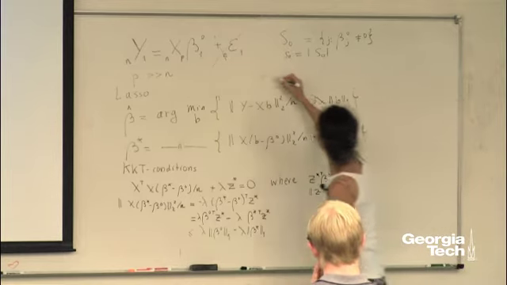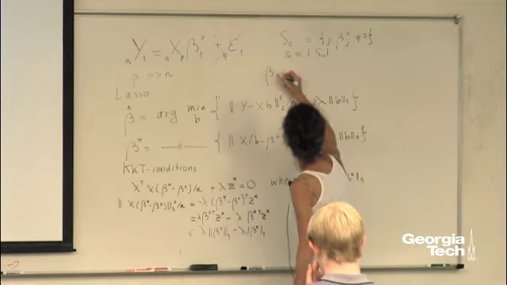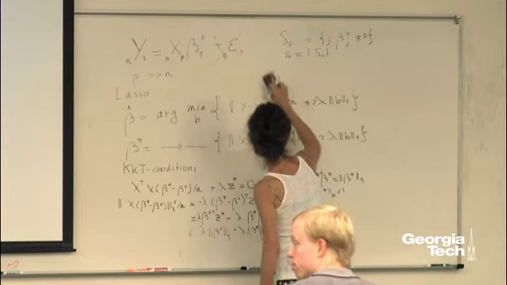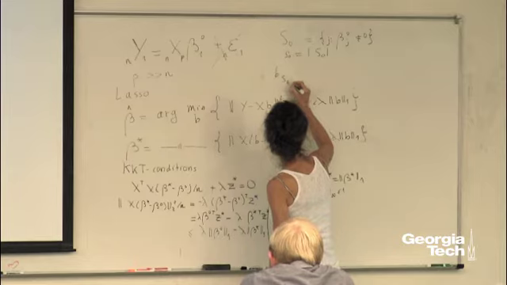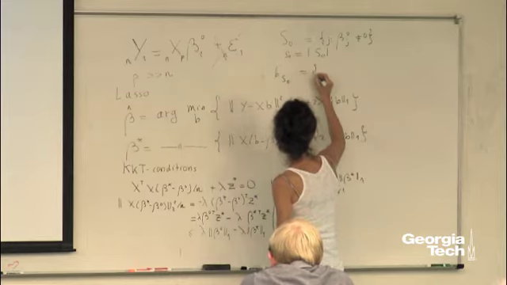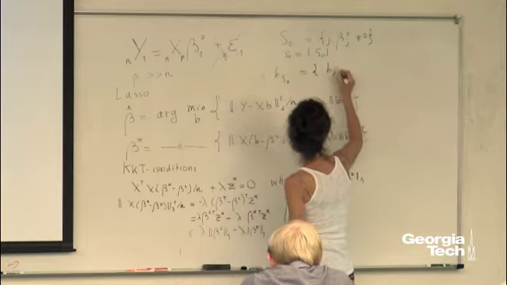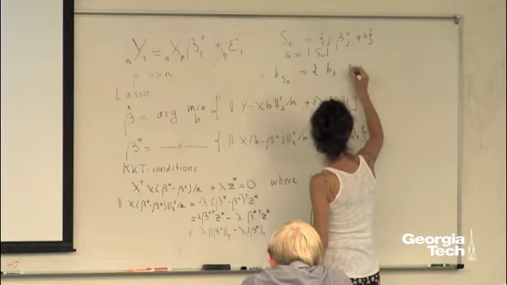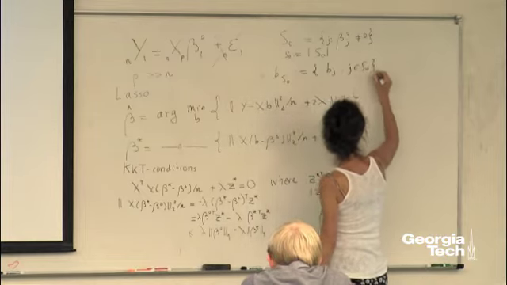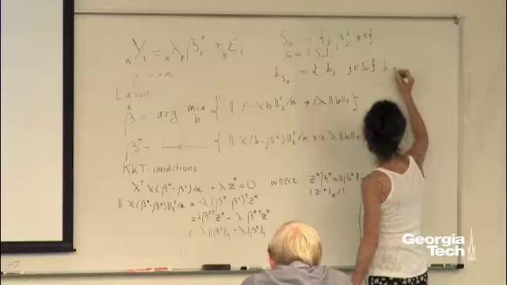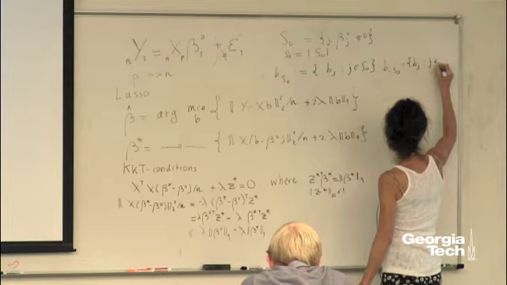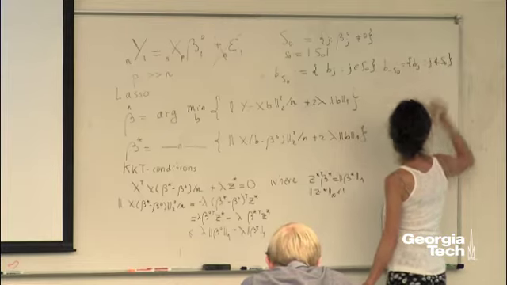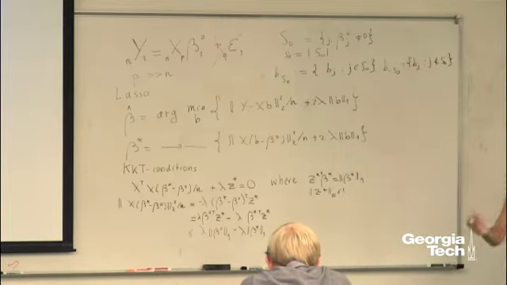And I'm going to write b, maybe better. b_S0 is going to be b_j, j in S0, and b_minus S0. So I'm just going to split up a vector according to being in the active set or not.